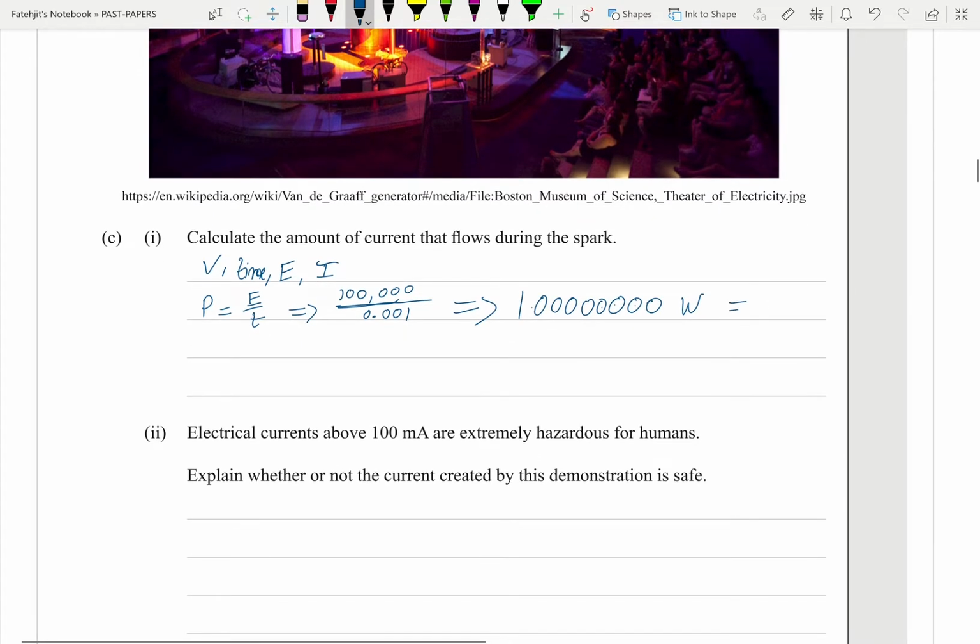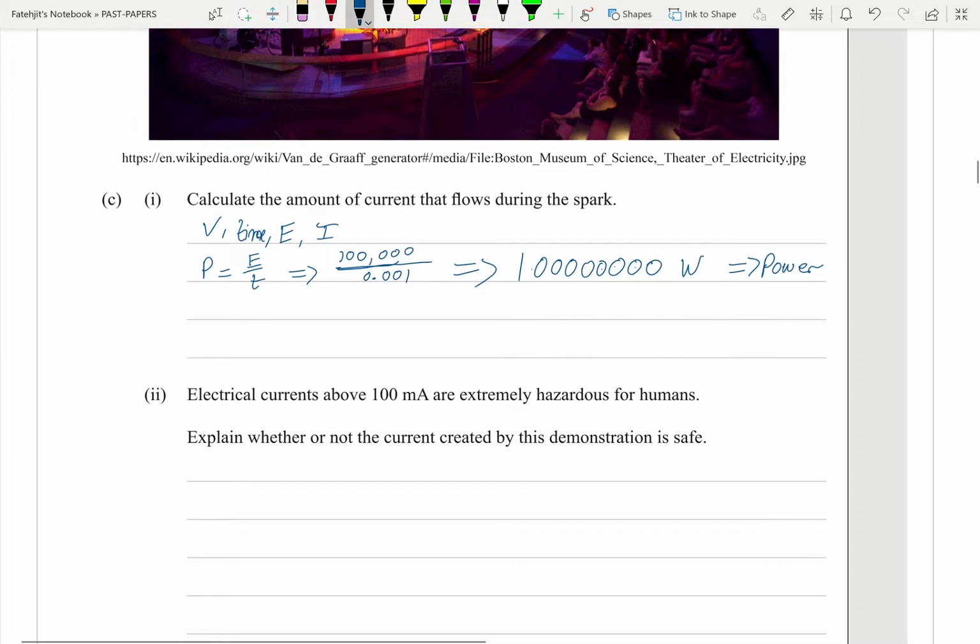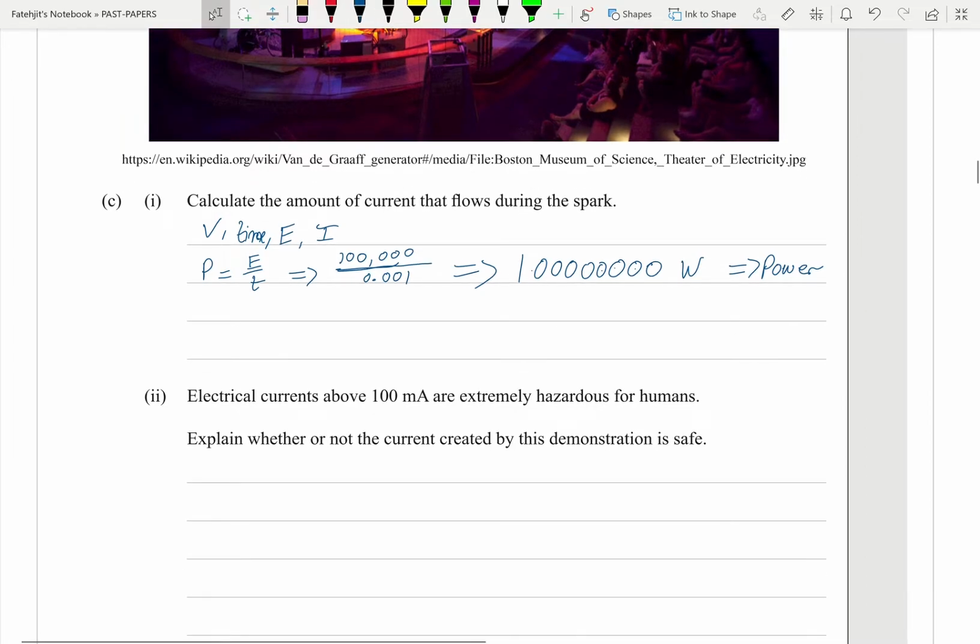Once we have the power, you can find another equation from your formula sheet. We can either use P equals IV or use V equals IR. Now we don't have the resistance, so we cannot use that equation.